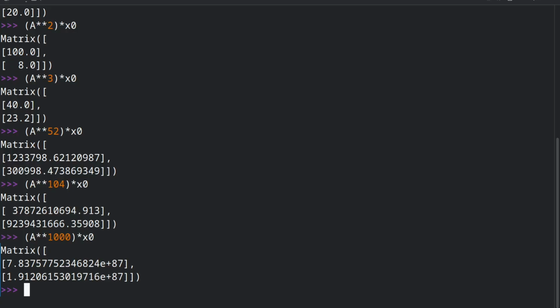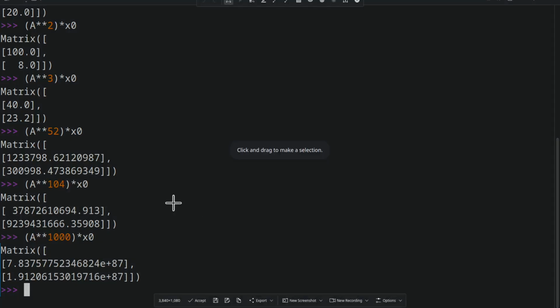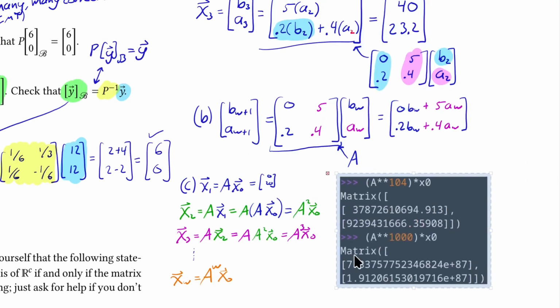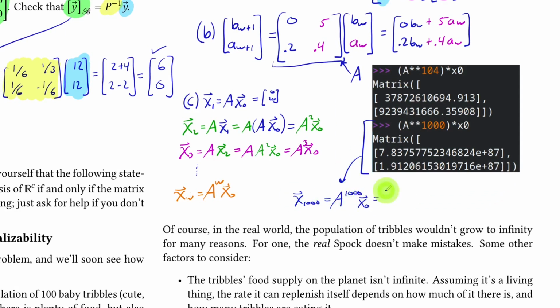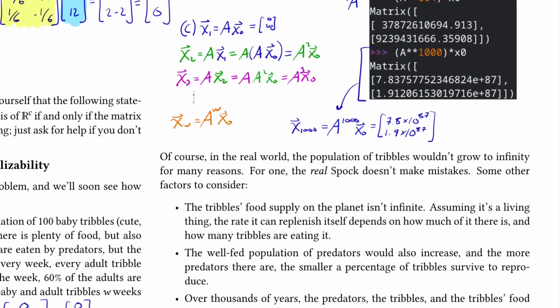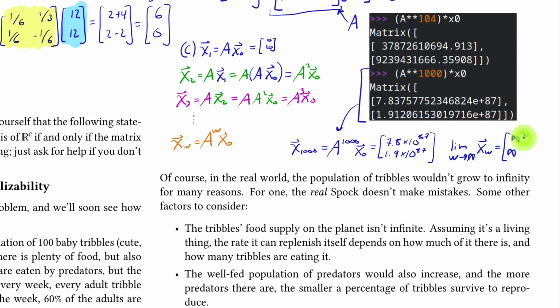So at this point, there's more tribbles on this planet than there are atoms in the observable universe. So I think it's pretty safe to say that the limit as w approaches infinity is going to be basically infinity, for both the baby and adult tribble populations. So we could write it that way.